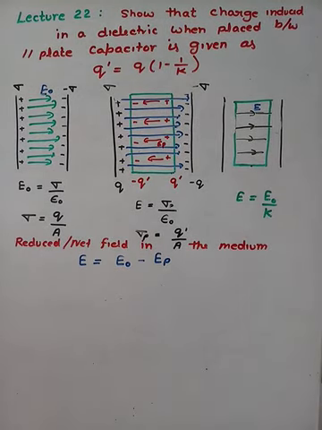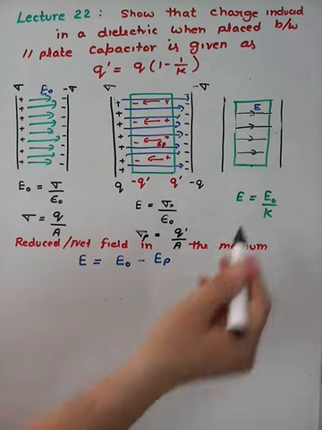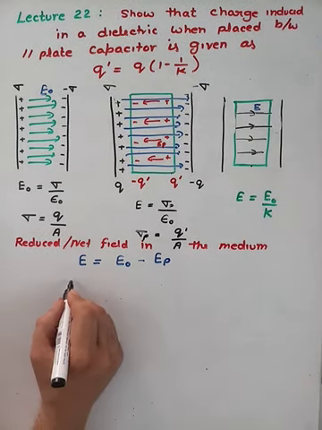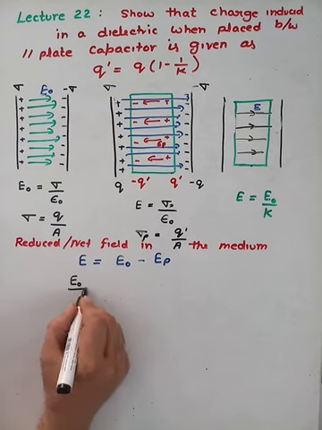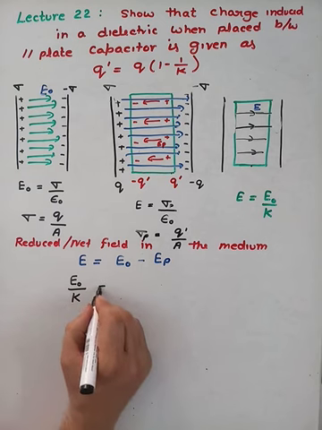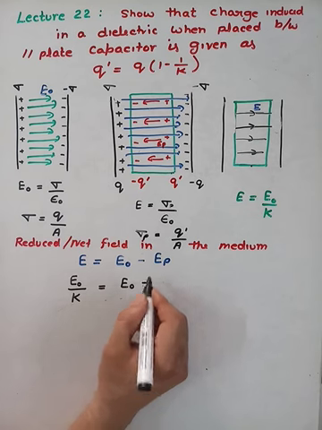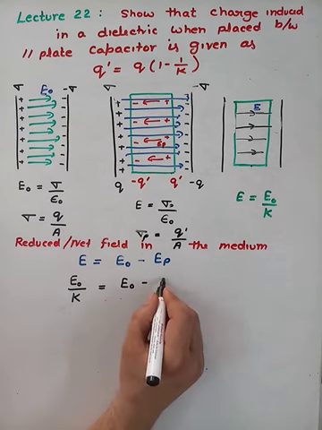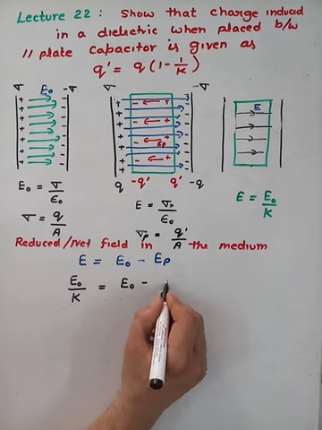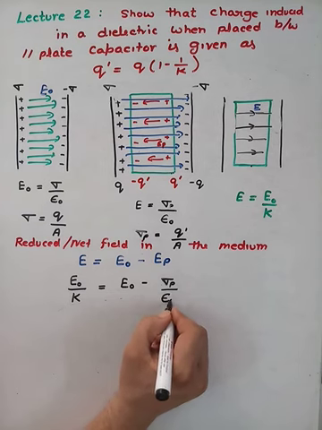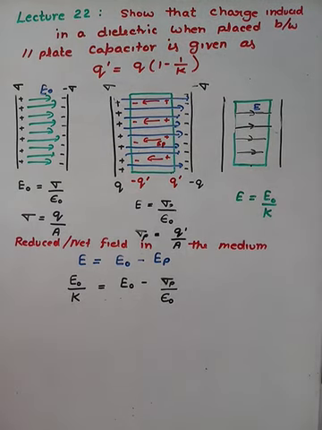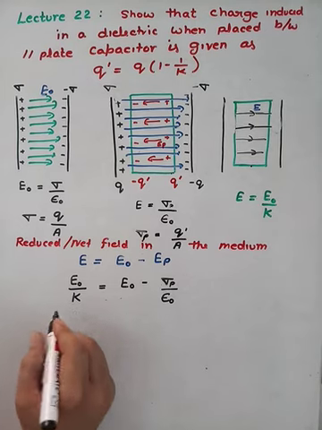Now we put in the values of all these. What is E? Net field inside the medium is given as E naught by K. This is equal to E naught minus EP. What is EP? EP is sigma P upon epsilon naught. What is E naught?